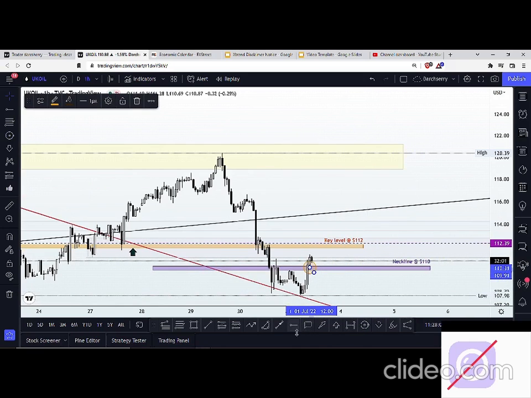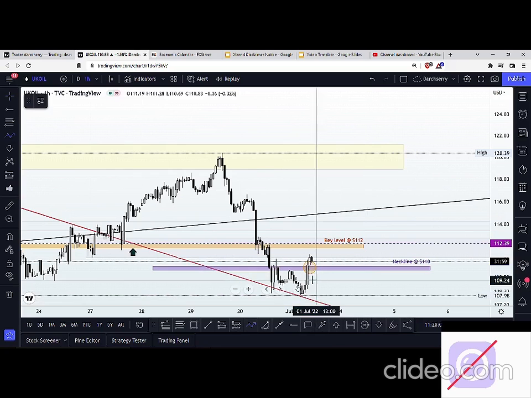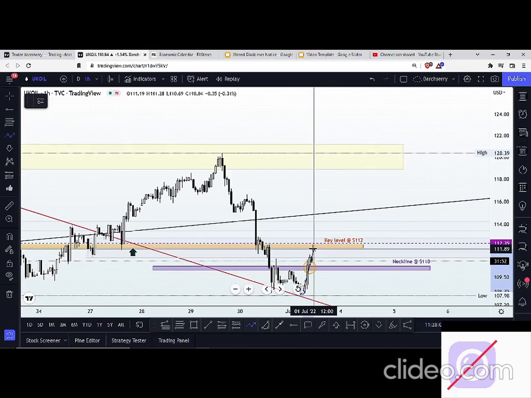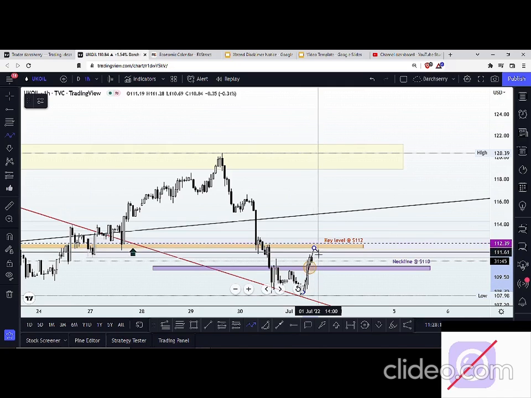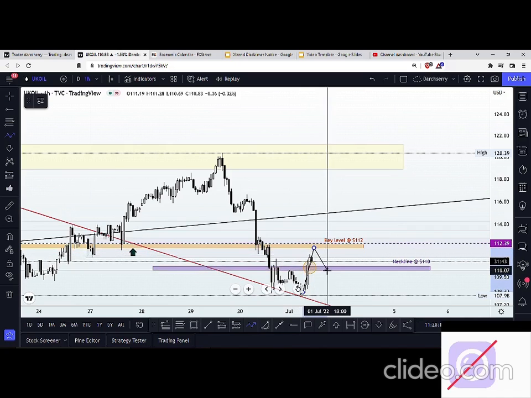Well, since we already have a bullish perspective here and we already have a breakout of that neckline at this point, then you want to be seeing a retest of structure. It could be a sharp retest, or it could be a steady retest rather, and price comes into this area.